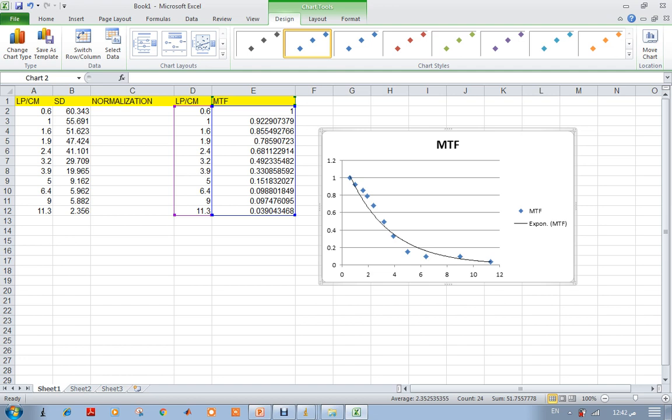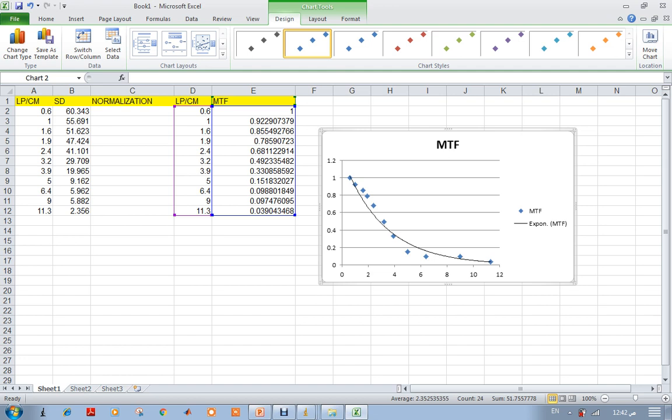Now if I want to check that at 0.1 here, I will find that at this value the line pairs per centimeter will be around 7.5.